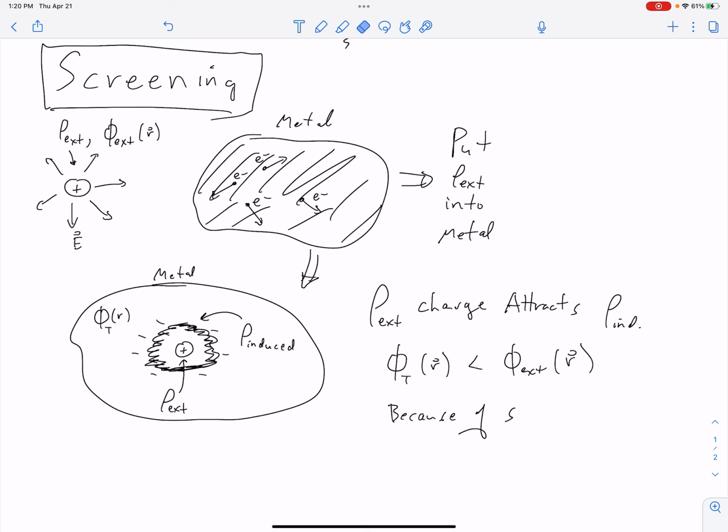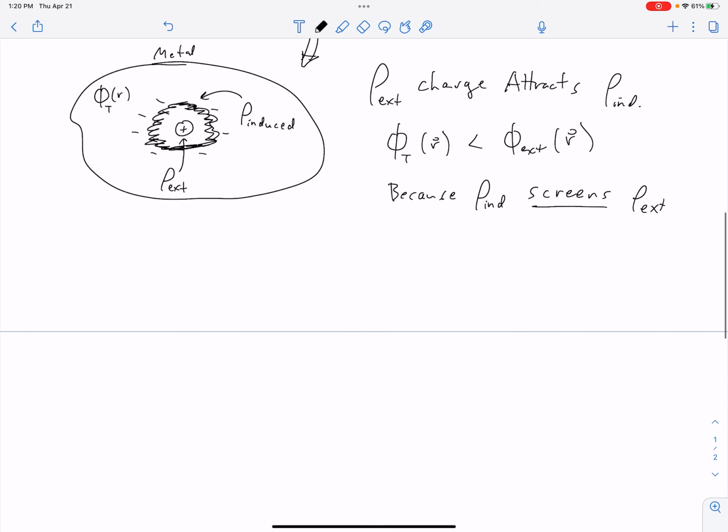And what happens is, let's use the right language, it's because the induced charge screens the external charge. And if that doesn't make sense, then just think of it like this, just a very simple picture.